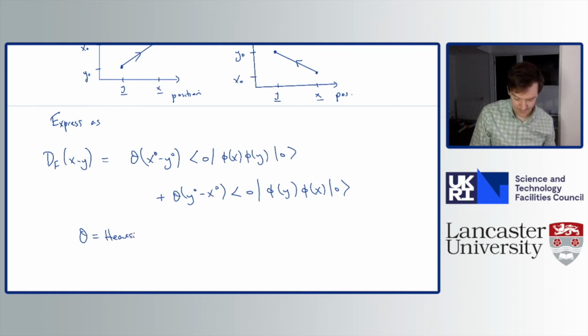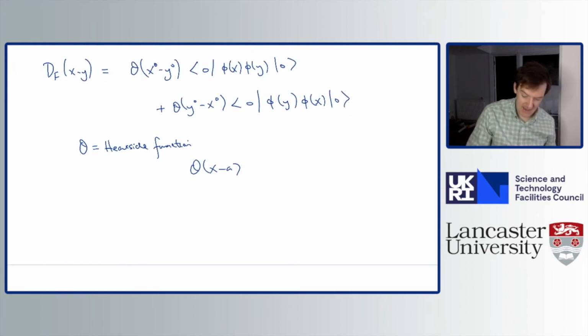Okay, so what does this do? Well, let's draw theta(x minus a). This function has the property that if x is less than a, it's 0. And when x is greater than or equal to a, it's 1.